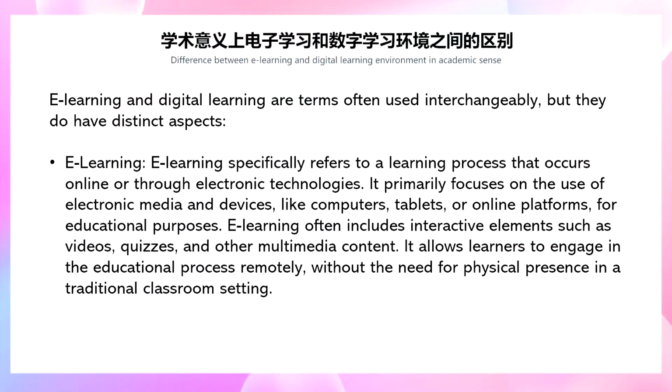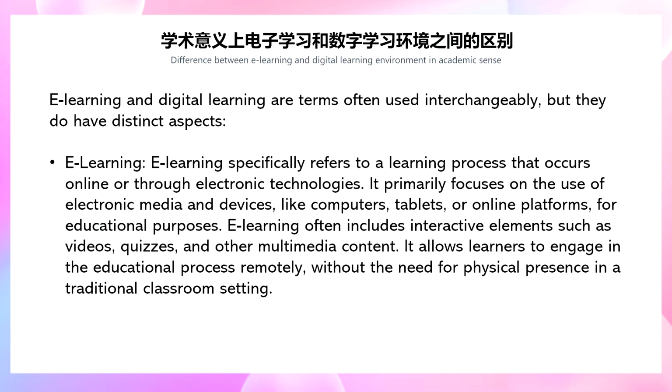E-learning and digital learning are terms often used interchangeably, but they do have distinct aspects. In an academic sense, the differences between them are as follows. E-learning. E-learning specifically refers to a learning process that occurs online or through electronic technologies. It primarily focuses on the use of electronic media and devices like computers, tablets, or online platforms for educational purposes.